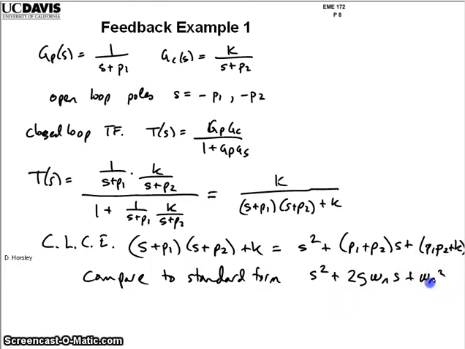Equating coefficients, the closed loop undamped natural frequency omega n is the square root of P1 P2 plus K.